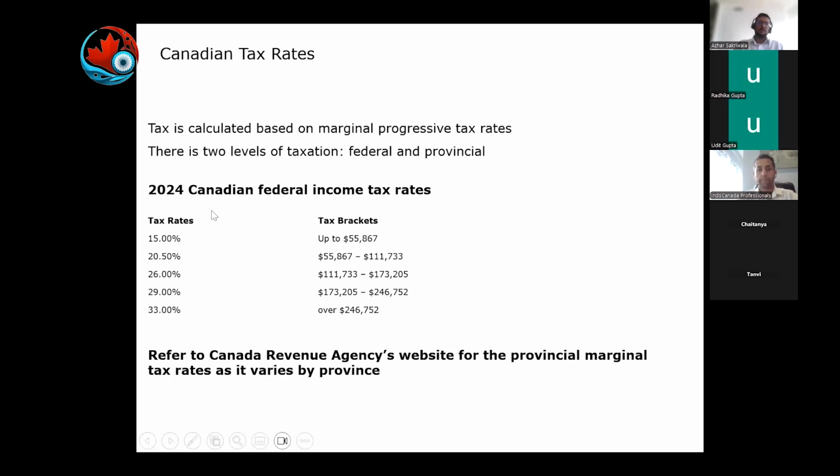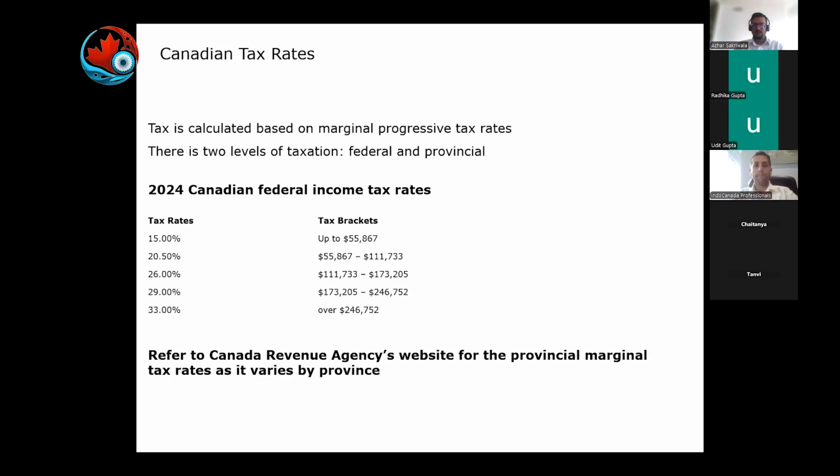I've just provided a brief table for the tax rates and tax brackets for the 2024 tax year. These rates are purely federal rates. The provincial rates may vary, and you can look up the Canada Revenue Agency website for the provincial rates based on the location of your province. As you can see in the tax rates, up to 55,867 worth of taxable income, you would be subject to 15% tax.